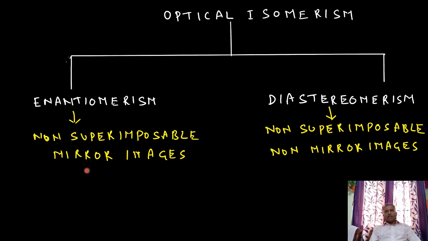The spatial arrangement differs from each other. So that is optical isomerism. Optical isomers may bear a mirror image relationship. If the mirror images are non-superimposable, then such a phenomenon is referred to as enantiomerism. If the optical isomers do not have a mirror image relationship, that is, they are non-mirror images, non-superimposable, then they are referred to as diastereomers, and the phenomenon as diastereomerism.